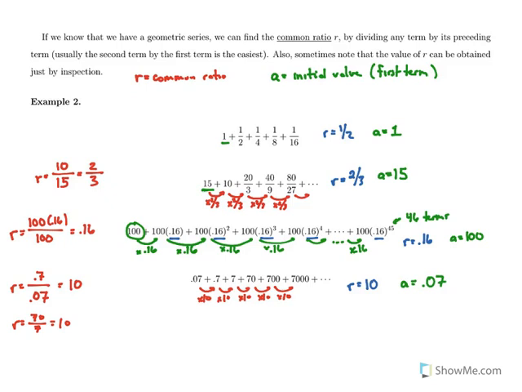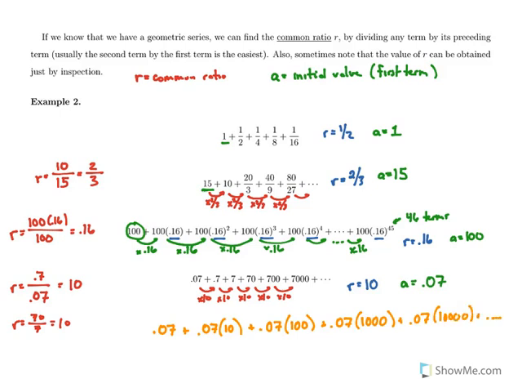And note for this last one, we get into the next page, so we could write this as 0.07 plus 0.07 times 10 plus 0.07 times 100 plus 0.07 times 1,000, do one more, times 10,000.